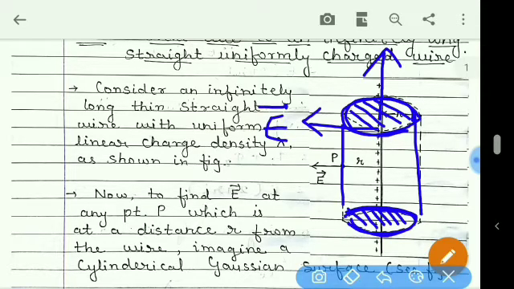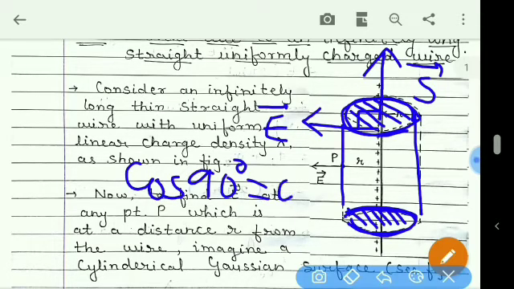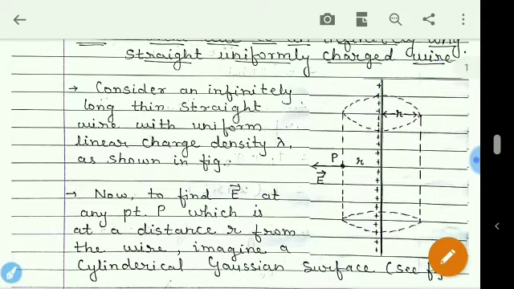The area vector and electric field are perpendicular to each other, so the angle made is 90 degrees, and cos 90 is equal to 0, so the flux is not linked with the upper and lower surfaces.